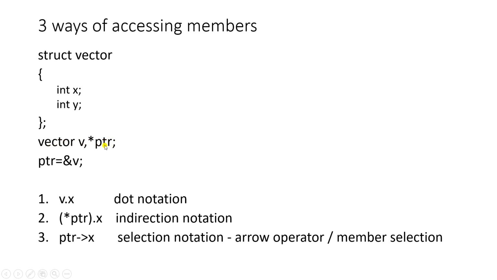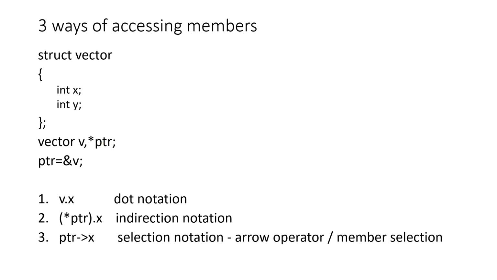Pointers you haven't learned about so far; you will be learning about them in the next few classes. For the time being, you just need to know how you can access a member using a pointer. Pointers normally are used to indirectly access data from memory.